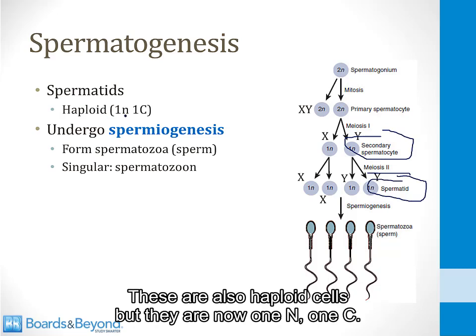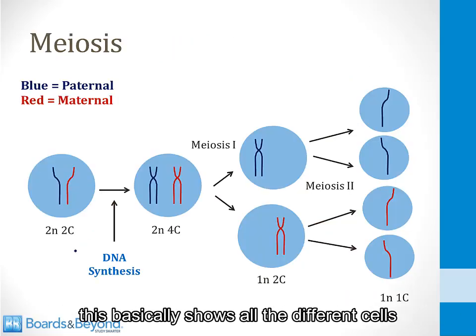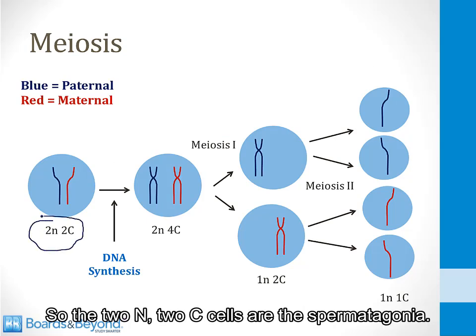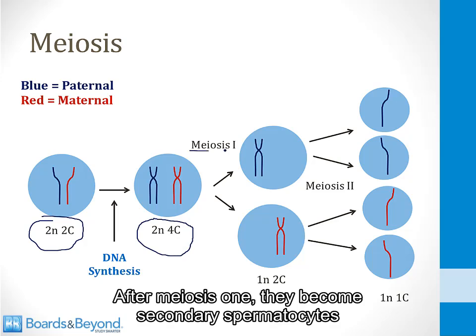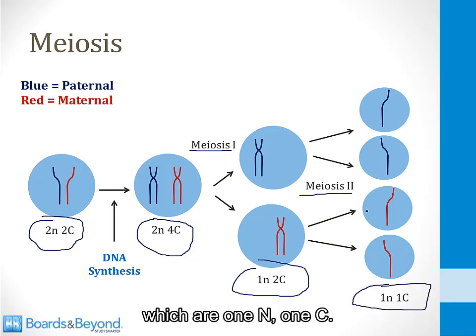These are also haploid cells, but they are now 1N, 1C. If we go back to this drawing showing meiosis, this shows all the different cells of spermatogenesis. The 2N, 2C cells are the spermatogonia. After DNA synthesis, they become primary spermatocytes, which are still diploid. After meiosis I, they become secondary spermatocytes, and after meiosis II, they become spermatids, which are 1N, 1C.